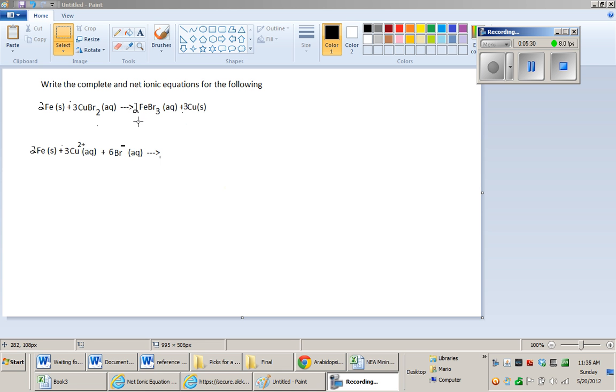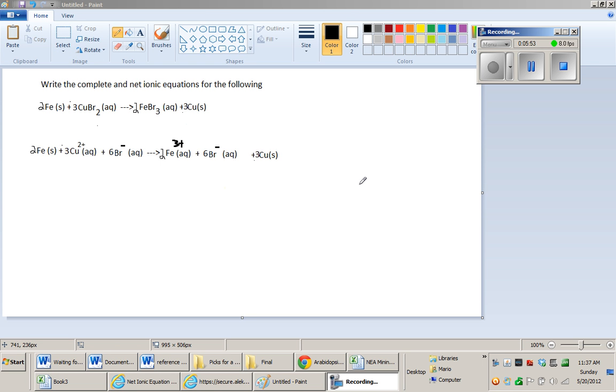So if we have this compound, the iron bromide, which is dissolved in solution, if we break it up into its ions and list them as 2 separately solvated ions, we'd have 2 irons, and we'd have 2 times 3 is 6 bromides, again, listed.